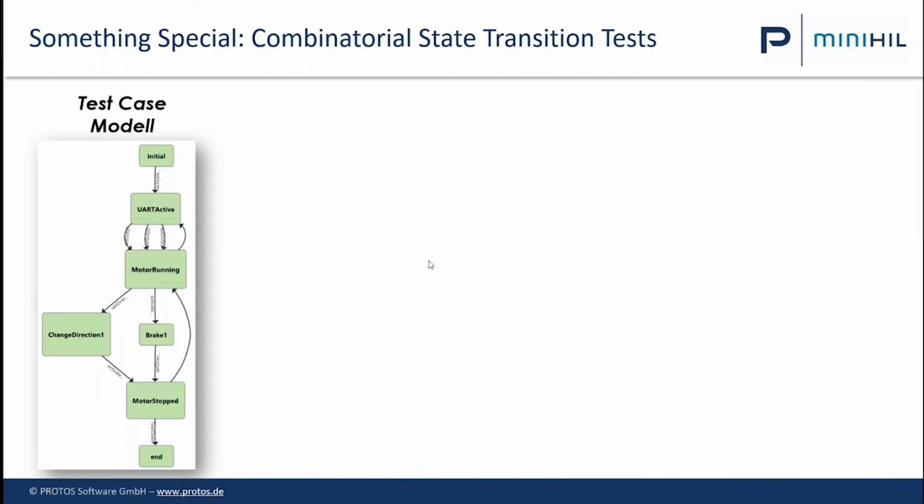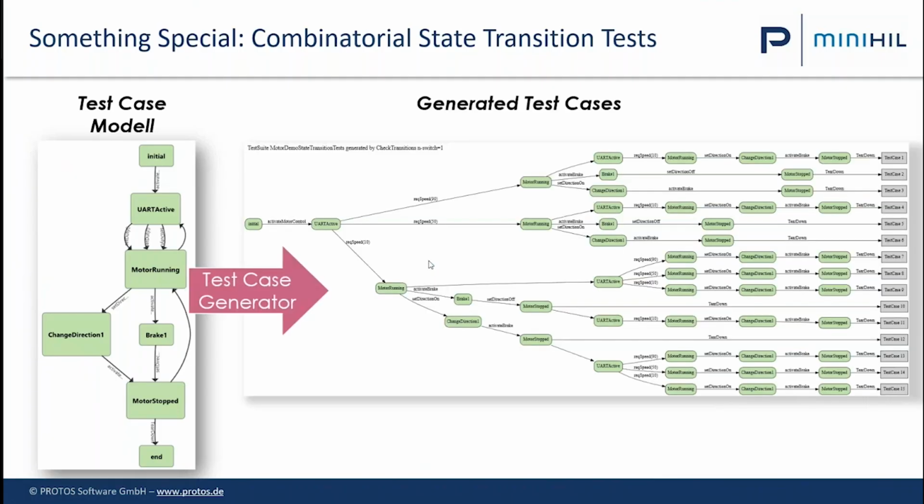That's not your behavior in your system, that's the expected behavior in your test cases. And now we generate, for a certain metric, all necessary test paths, test cases to cover a path coverage and a combinatorial data coverage. And that's very good, especially if you want to test your system for robustness, for safety, for security.